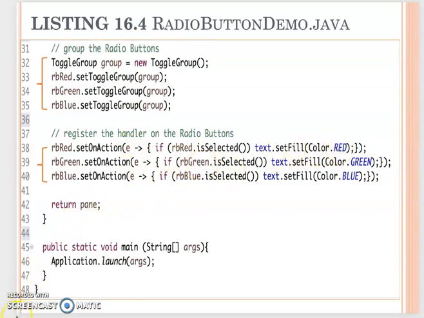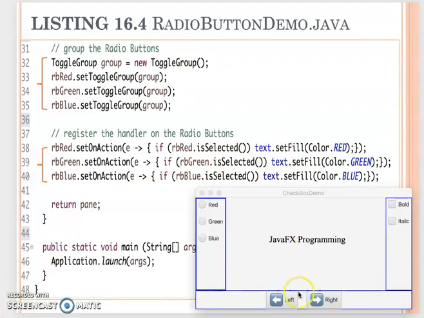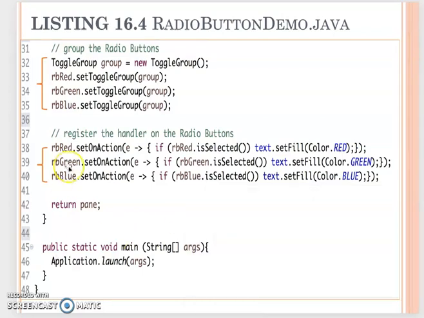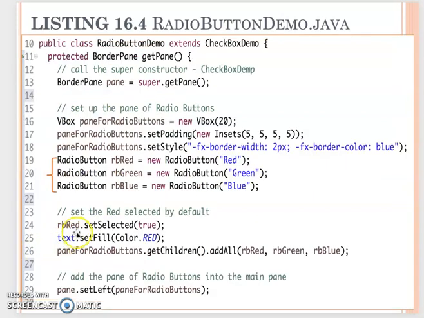One thing is, when I just run this program, they don't display any radio button being selected. They just display black. But if you want red to be set by default, before you add the event handler, you can set red selected by default by making it true.